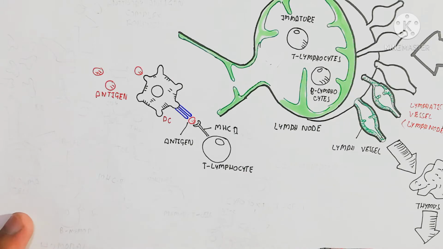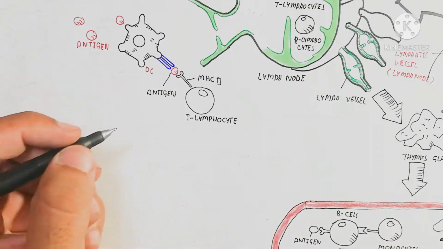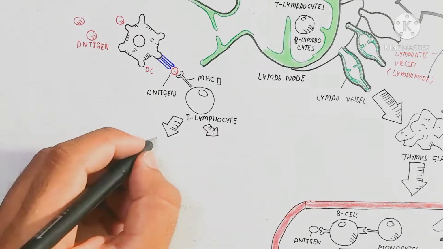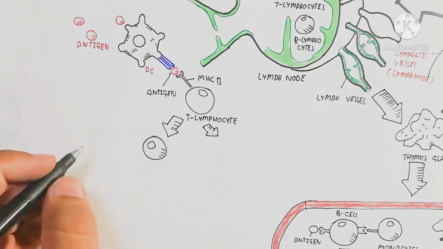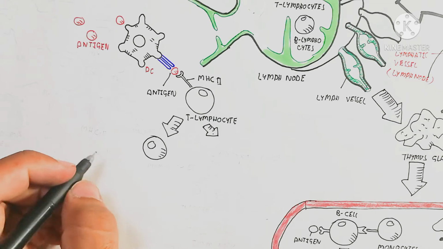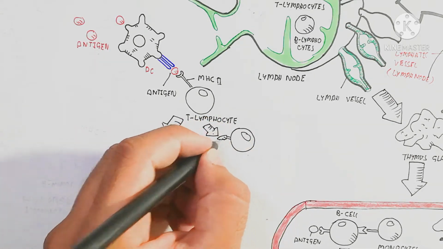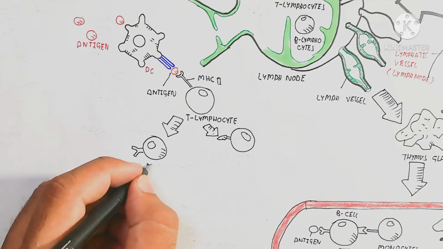So this dendritic cell is attached to a T lymphocyte to activate it to produce cytotoxic T cell and memory T cell. This cytotoxic T cell directly kills the infected cell, for example in tissue.